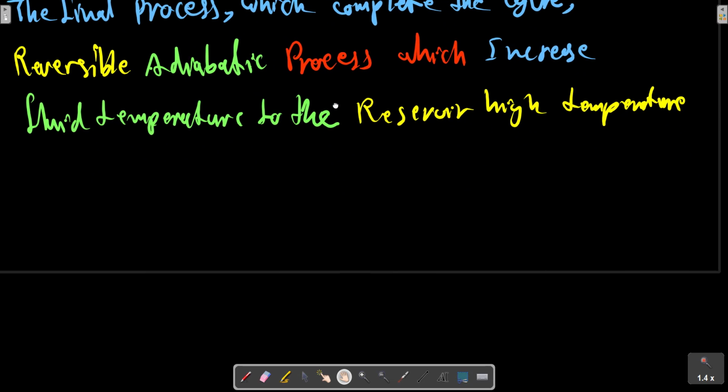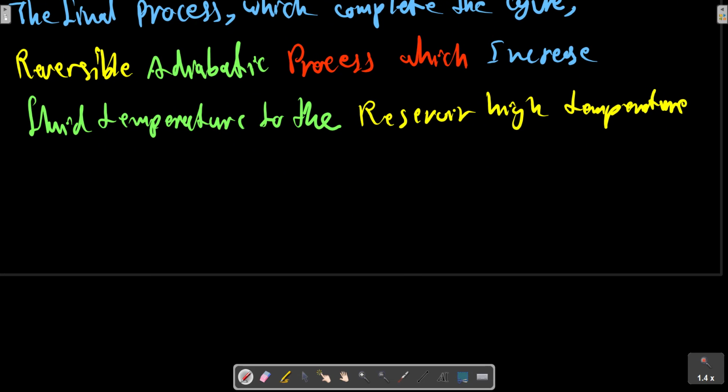In this case we have a pump, for example.